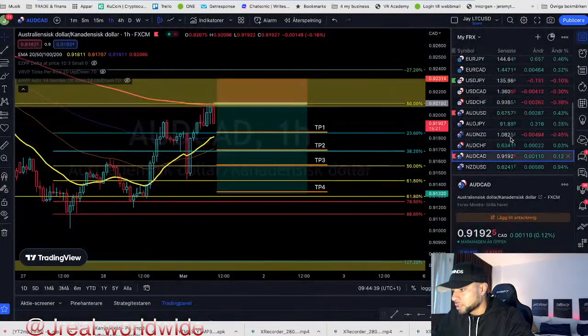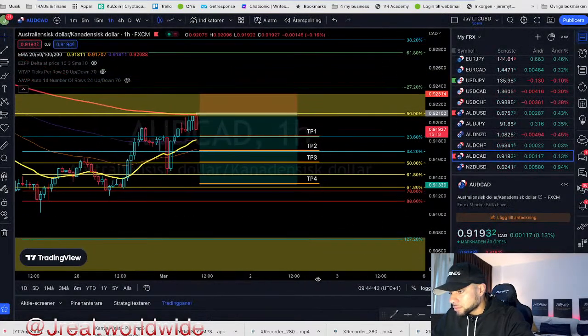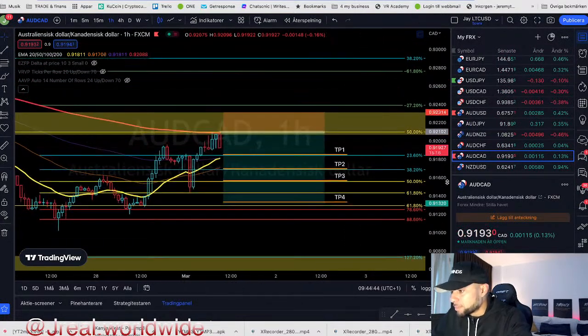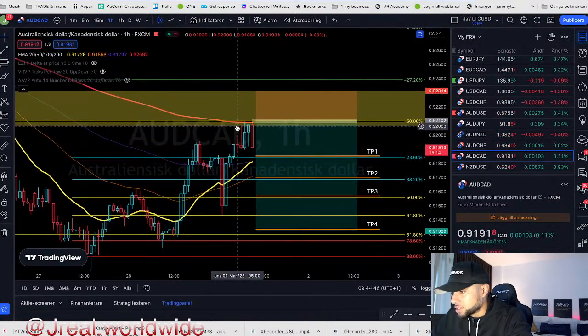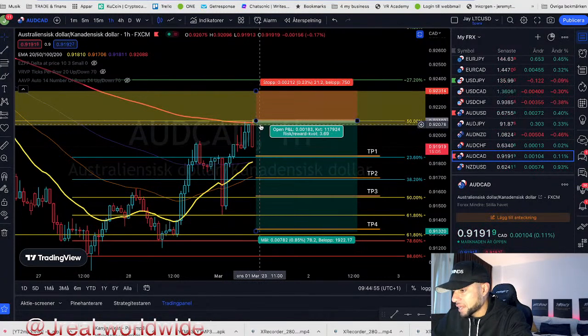It's not a good setup, but I would definitely put a sell limit here. I see the market reversing here. If we didn't already miss it when the market was up here, if it comes back up, I can see it reversing. So I will put a sell limit here.